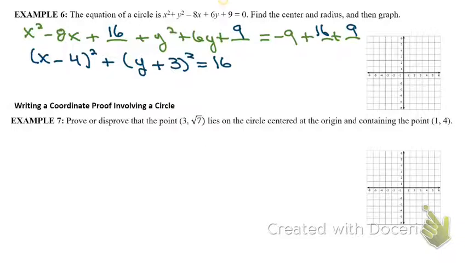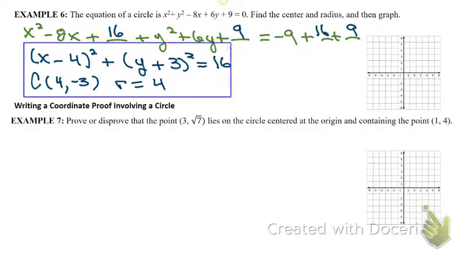So now that we have the equation, we can certainly see what is the center of the circle and what is its radius. So the center is going to be 4, negative 3, and the radius is 4. So we can go ahead, graph that center, and then count up, down, right, and left 4 units, and you will have a lovely circle. Awesome. It falls off the page a little.